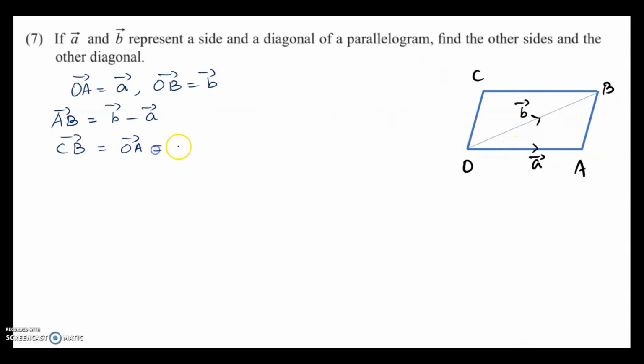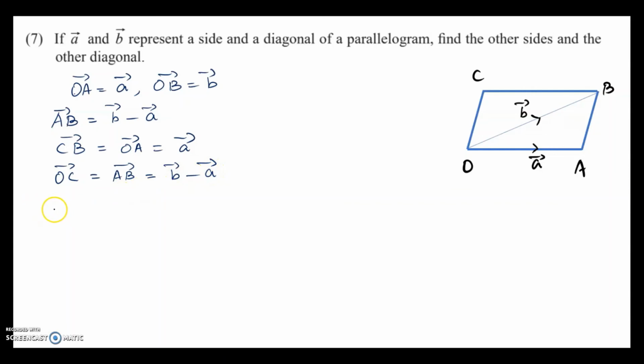So that would be equal to vector A. Similarly, our OC will be equal to vector AB, and that is equal to B minus A.